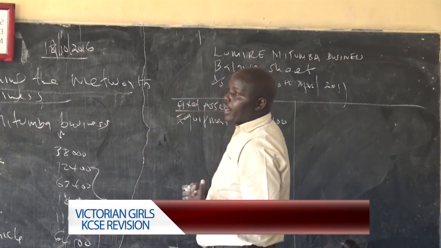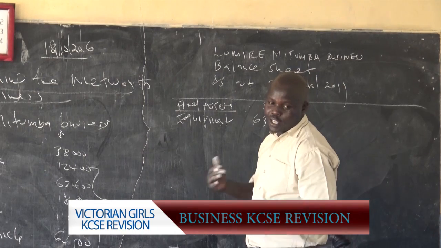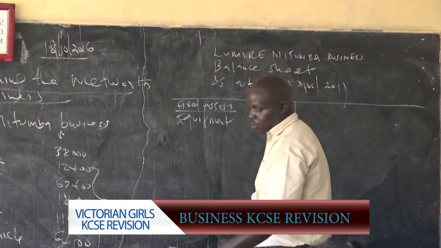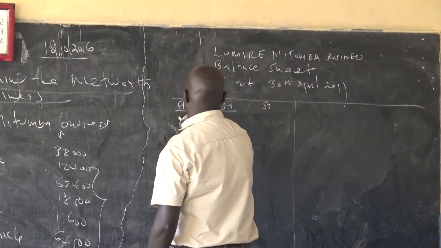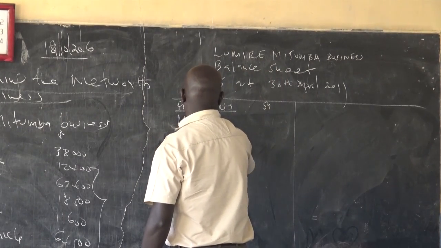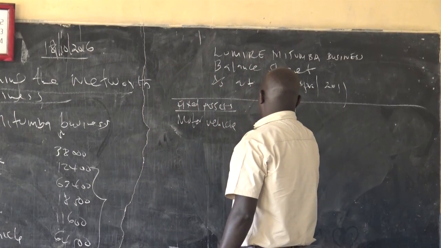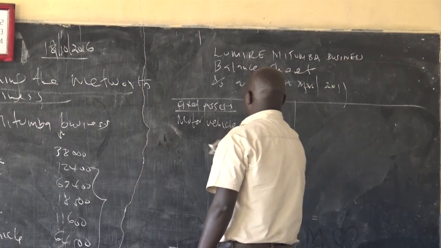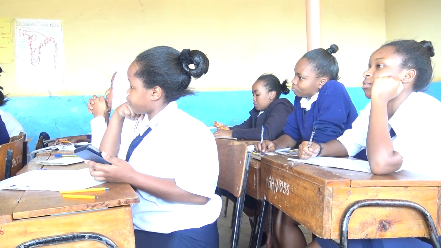But in order of permanence, motor vehicle is more permanent than equipment. Yes. So it's a motor vehicle. How much is a motor vehicle? How much?